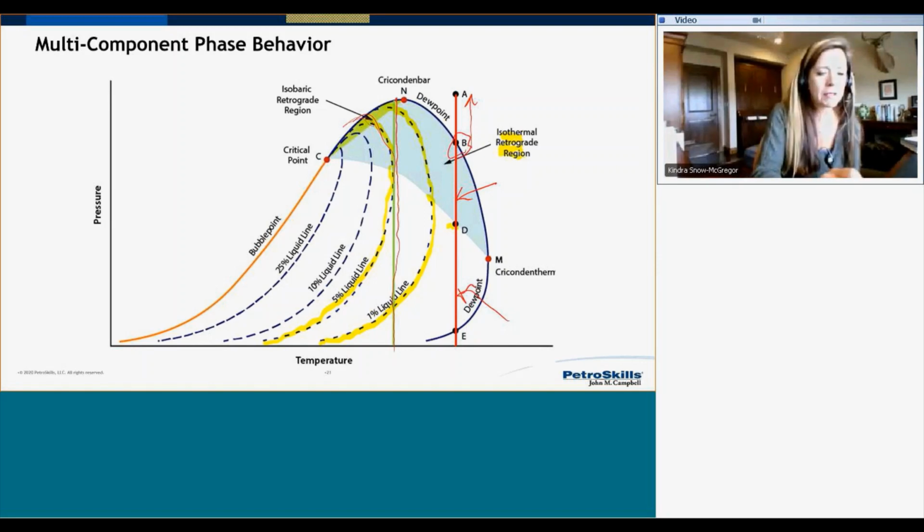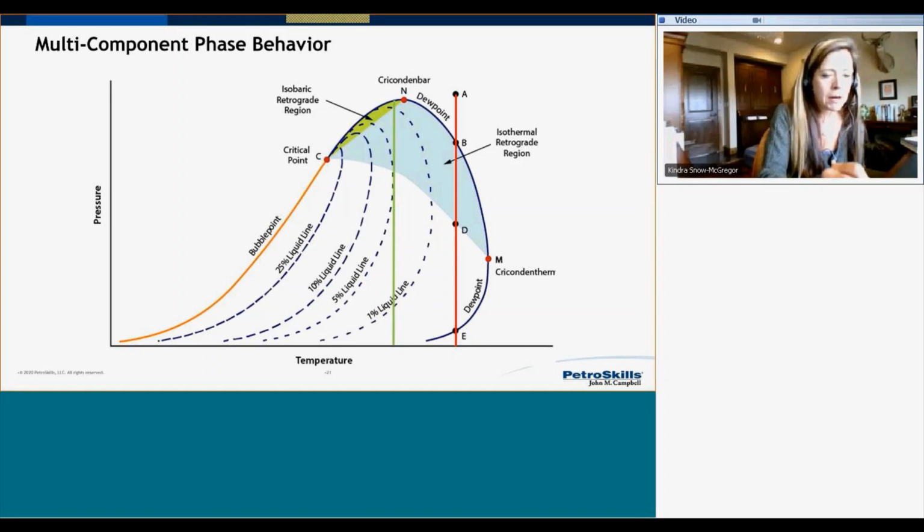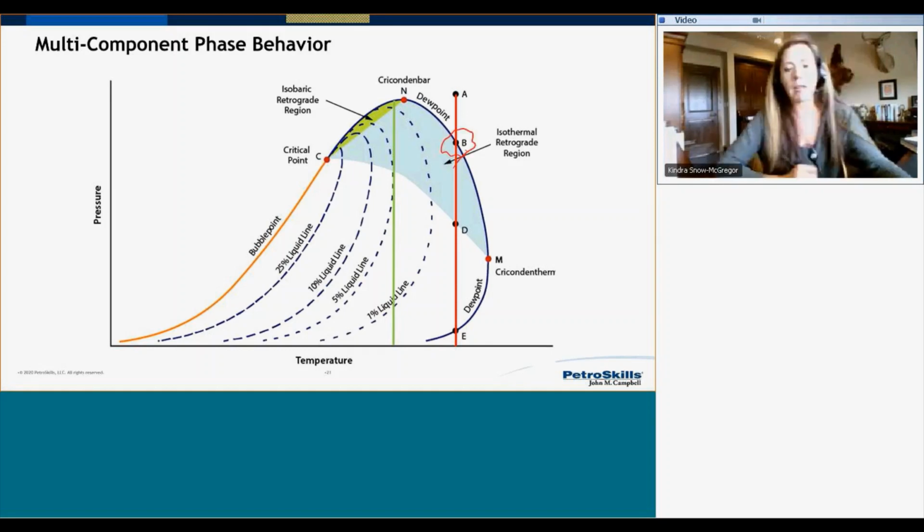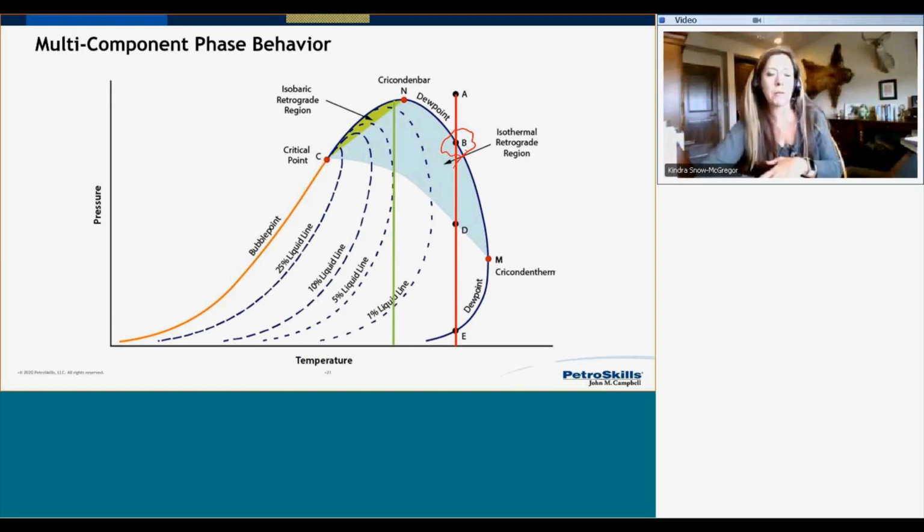So essentially, one of the reasons why we care is, if I have a gas that's at its dew point inside my process and I'm at point B, and let's say I want to go into, I know this is a bit off topic, but I want you guys to appreciate why this is important to understand.